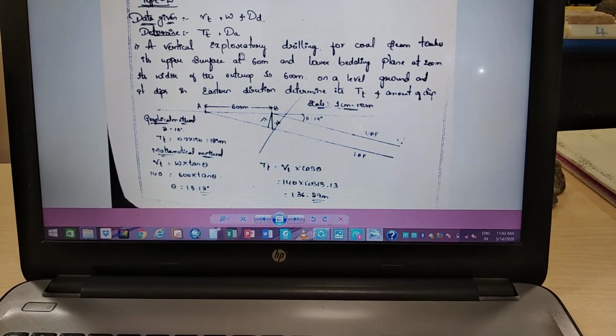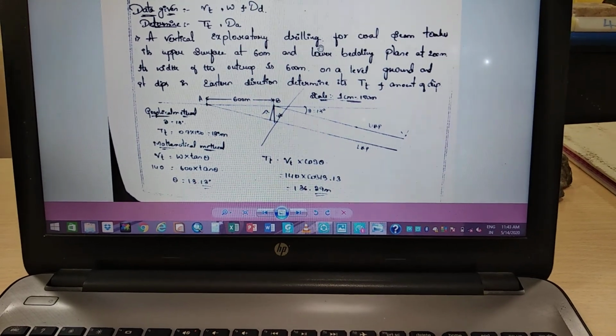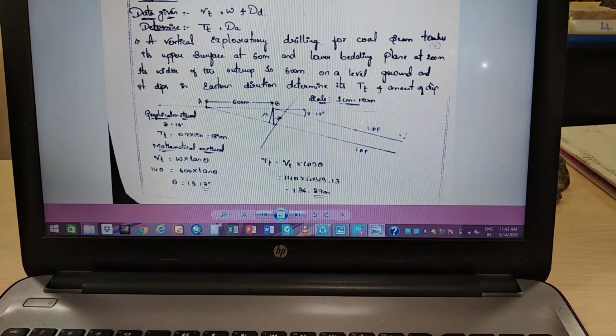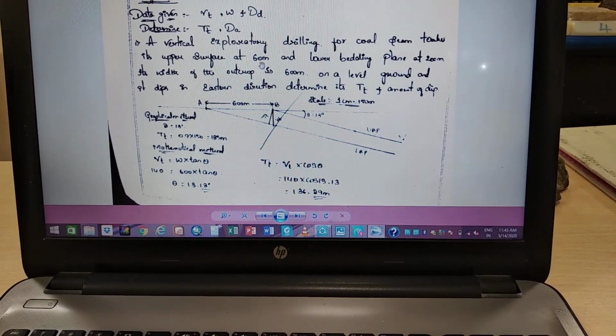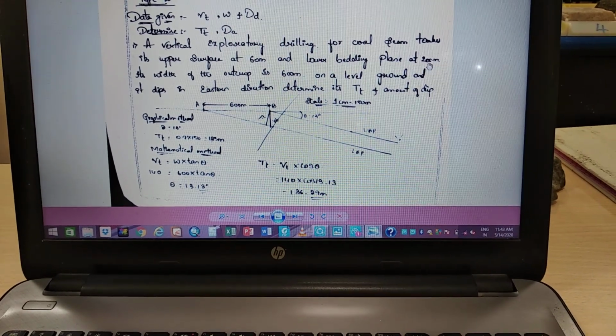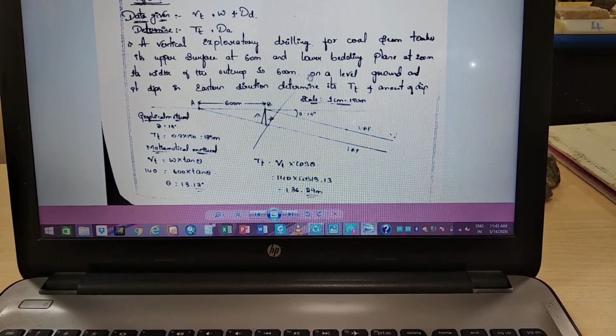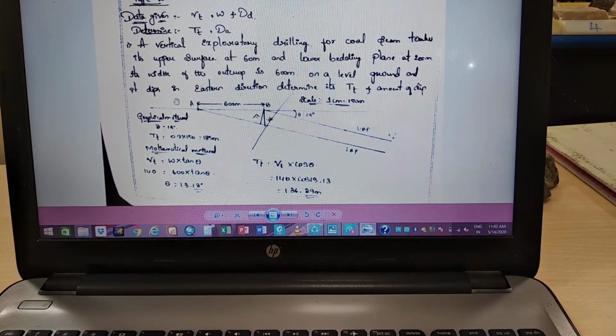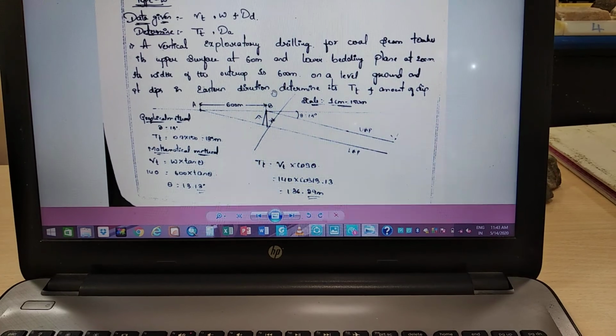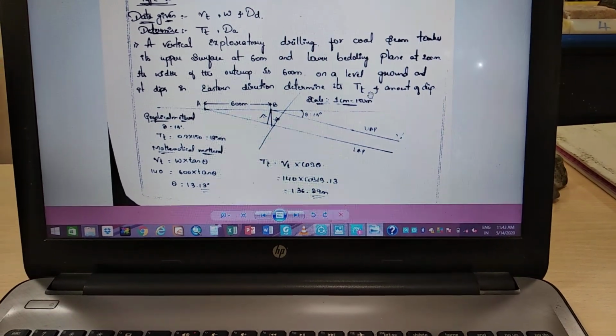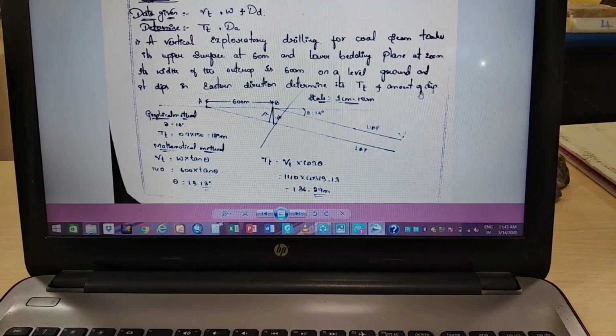A vertical exploratory borehole drilling for a coal seam touches the upper surface at 60 meters and the lower bedding plane at 200 meters. Its width of the outcrop is 600 meters on level ground, and it's dipping in the eastern direction, and we need to determine true thickness and amount of dip.